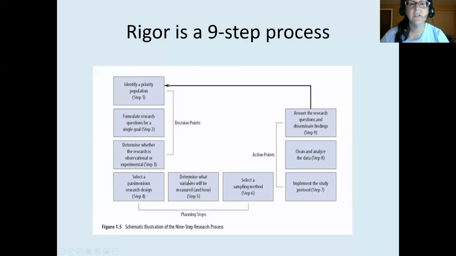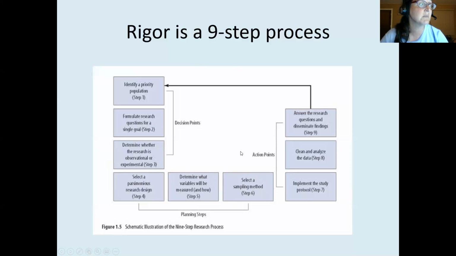Then you will also need to determine which variables you're going to be measuring and how you're going to be measuring them. And then, since you normally cannot measure everybody in a population, you are going to have to measure a sample. And so you're also going to be thinking about selecting a sampling method.